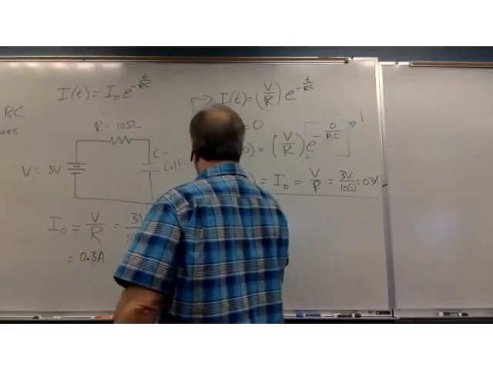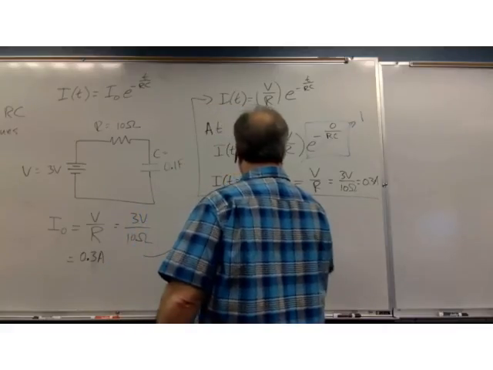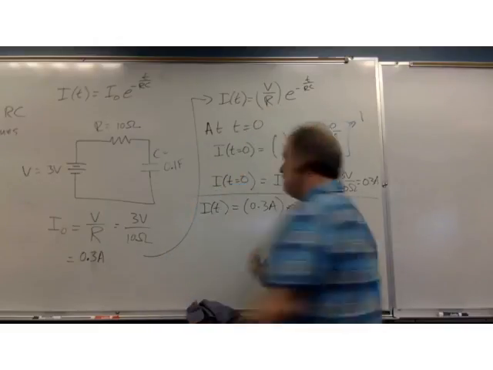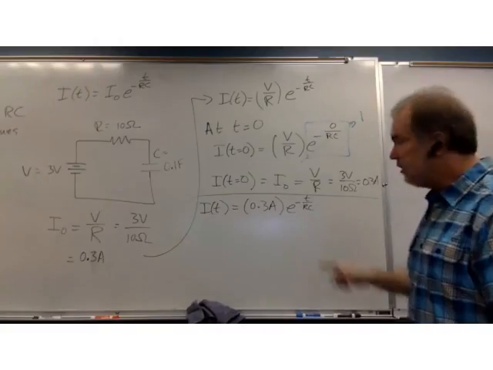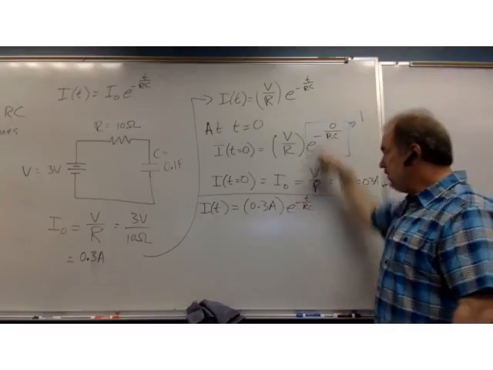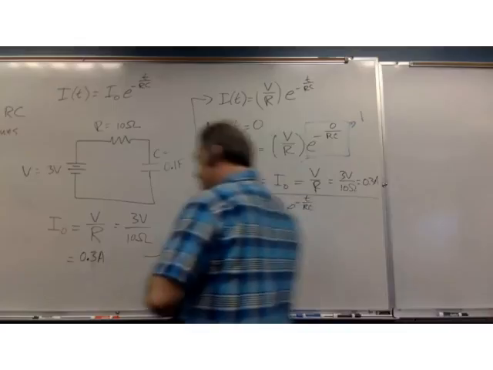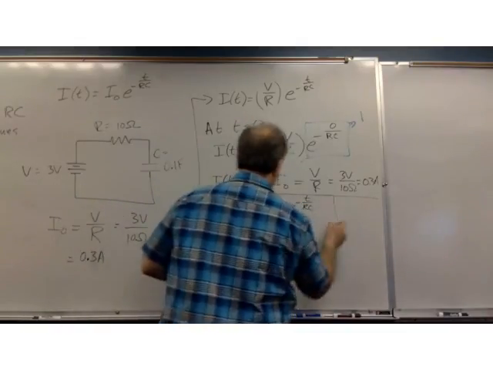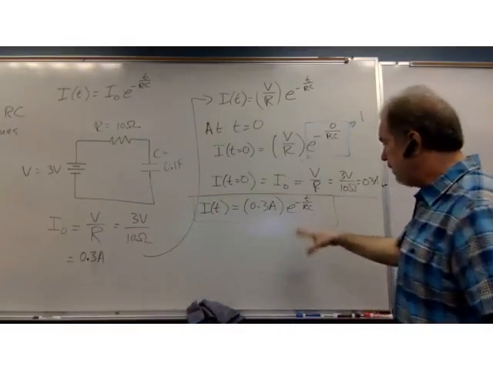So now I have the value for I sub 0 for this function. Now I'm doing this in unnecessarily slow motion, but I'm trying to get you comfortable with these ideas. After having accomplished this, I can write my function in this form here. Now I'm not done, but that's my second step.